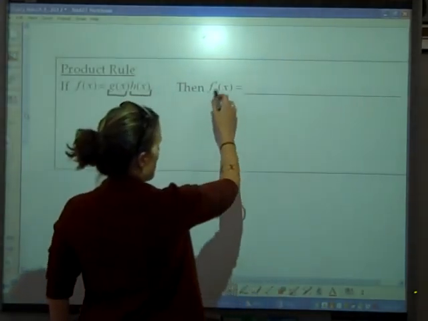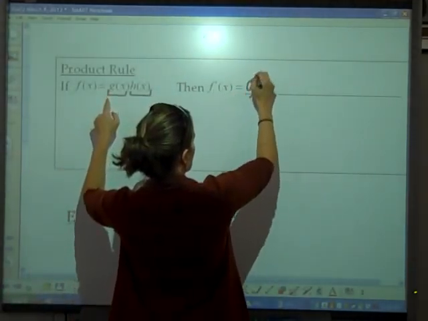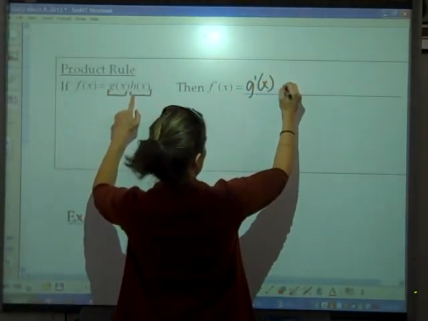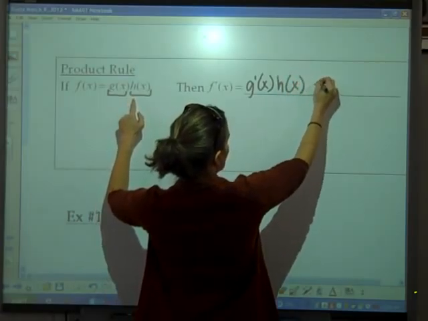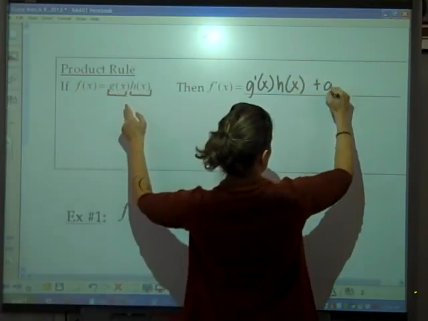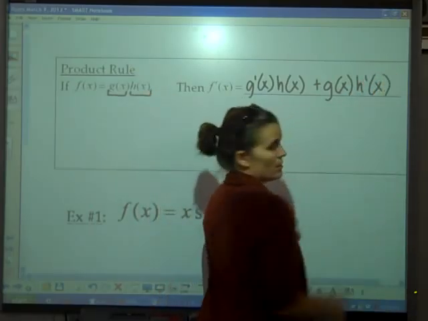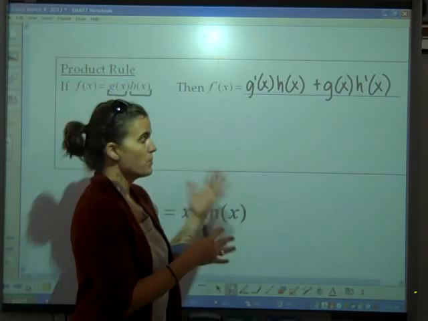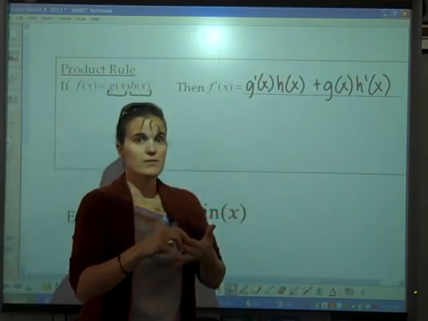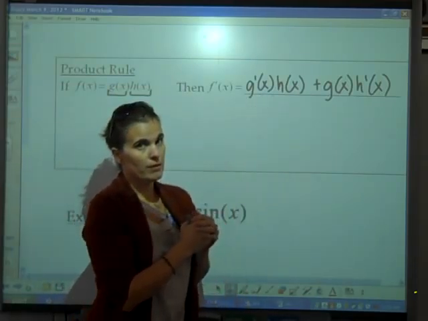Okay? So f prime of x will equal the derivative of the first, g prime of x, times the second, h of x, plus the first function, g of x, times the derivative of the second function. Okay? So basically you're taking all 4 parts, the original functions and their derivatives, and you're combining them in this form. Okay.